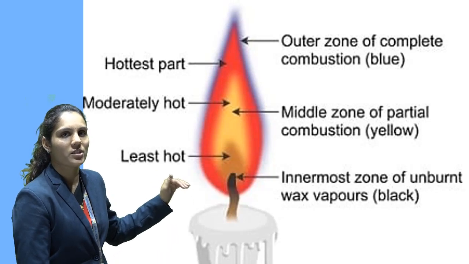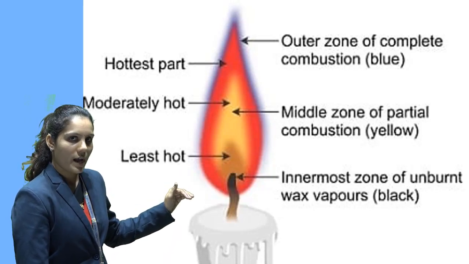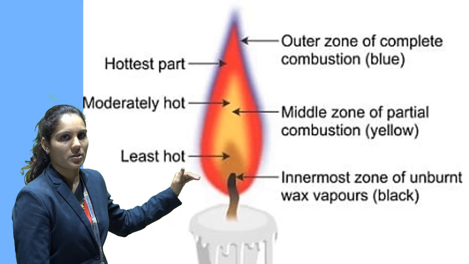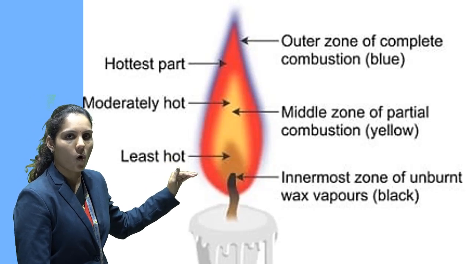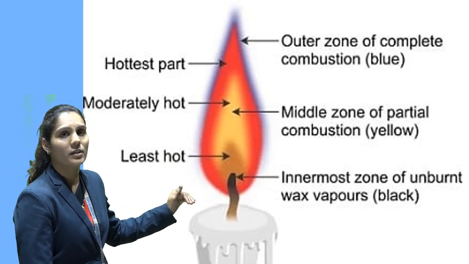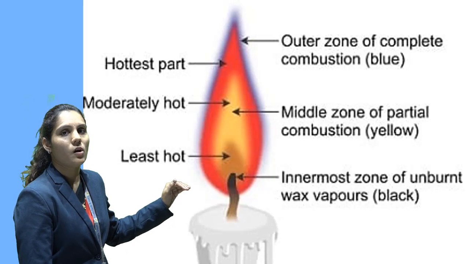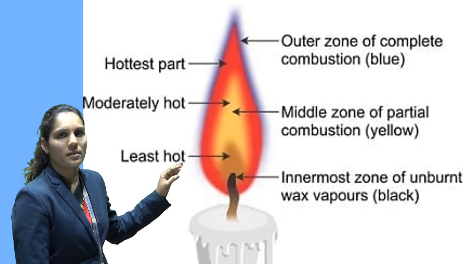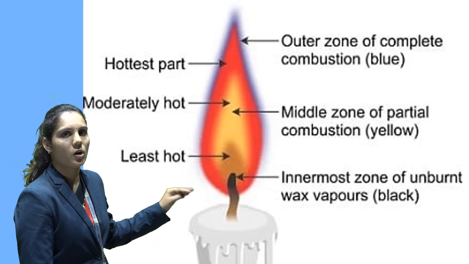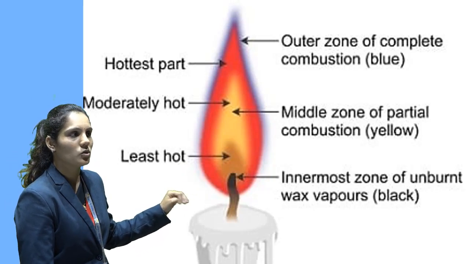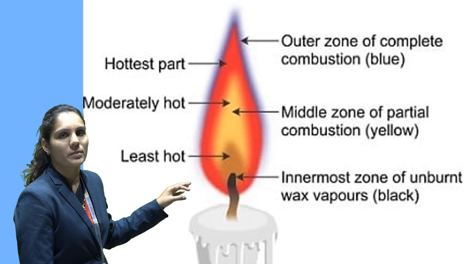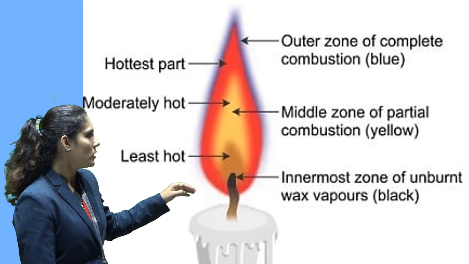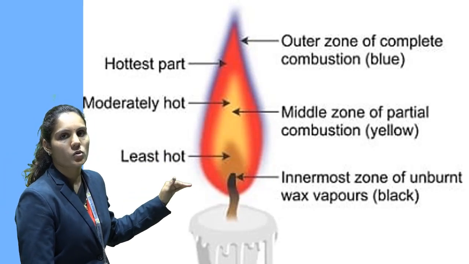It is the partial combustion zone, and it is moderately hot. The last one is the dark zone. No combustion takes place at this zone, because of that the temperature of this zone is very low. The least temperature is present at this zone. So these are all the 3 zones of a candle.